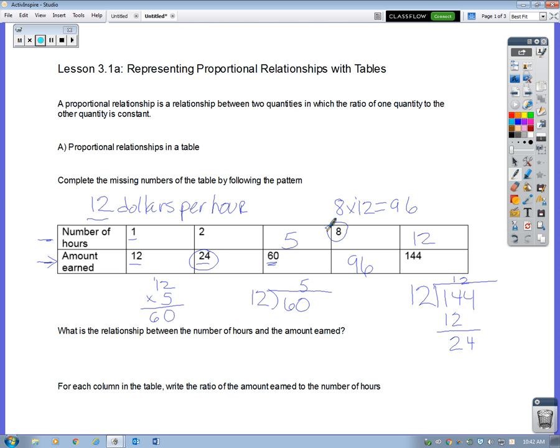Well, the relationship is going to be the number of hours times 12, or our dollars per hour.